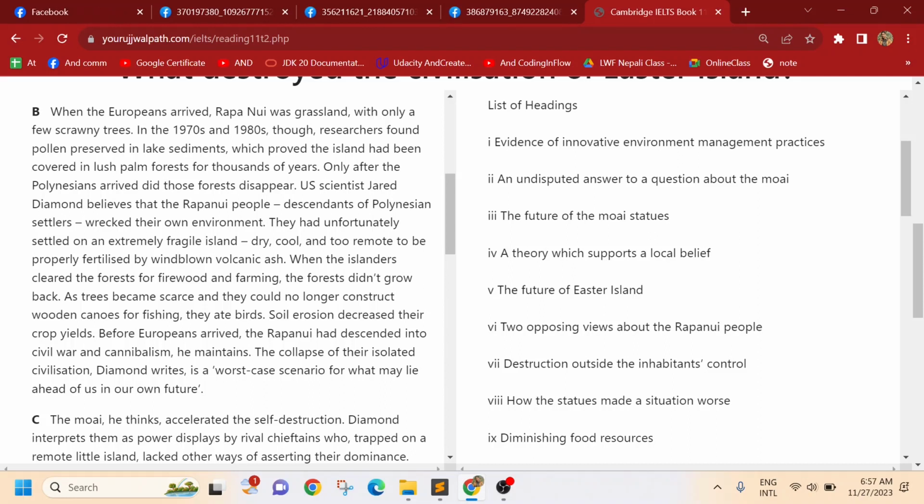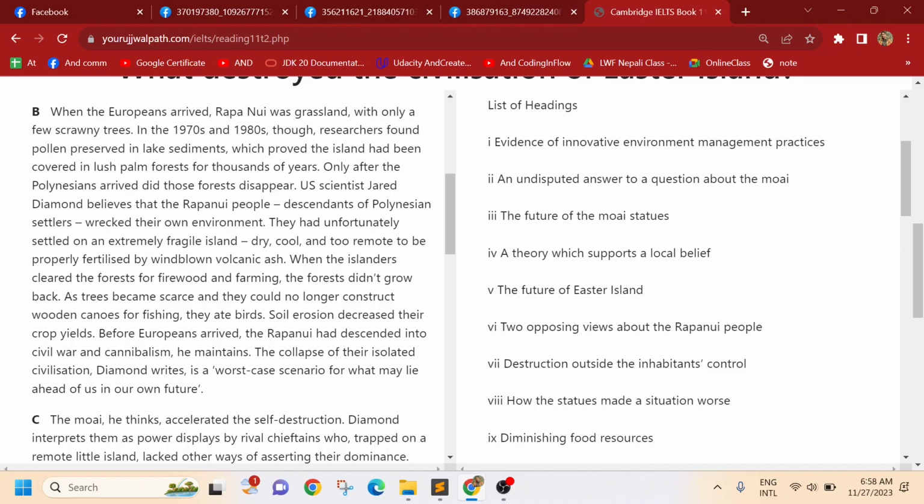US scientist Jared Diamond believes that the Rapa Nui people, descendants of Polynesian settlers, wrecked their own environment. They had unfortunately settled on an extremely fragile island, dry, cool, too remote to be properly fertilized by wind-blown volcanic ash. When the islanders cleared the forest for firewood and farming, the forest didn't grow back.